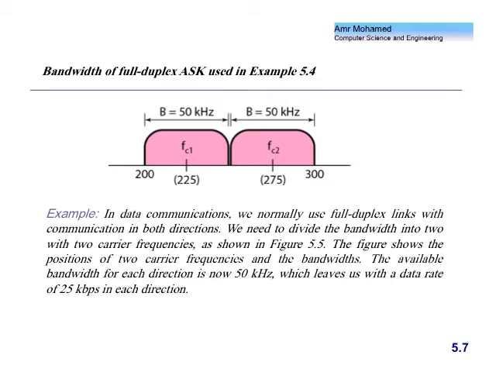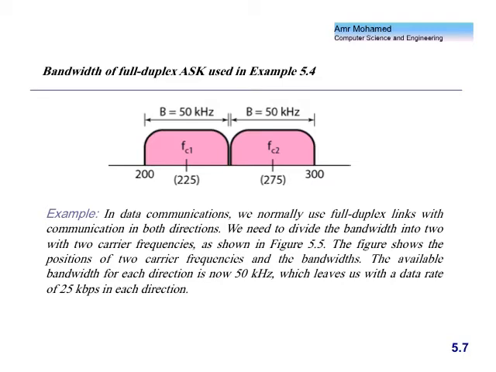And one way of doing this is to separate the two directions in the frequency. Okay? So in that case, from the sender to the receiver, I use a sine wave with a particular carrier frequency, which is Fc1. And from the receiver to the sender, I'm going to use a sine wave with a slightly different frequency, Fc2. So in this case, the two signals will not interfere with each other.